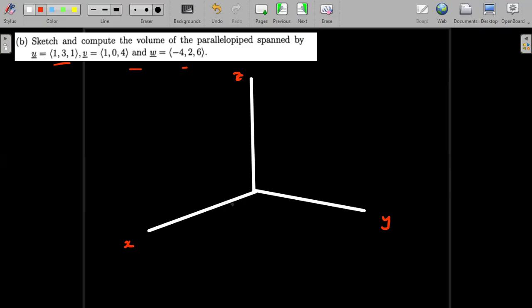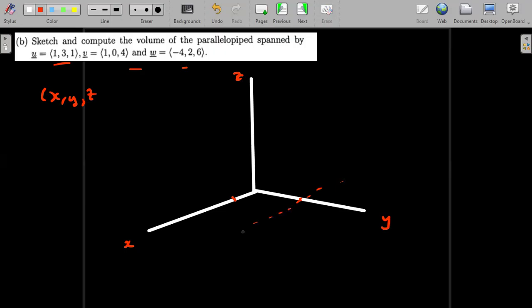The coordinates are given as x, comma, y, comma, z. For the first coordinate, in the x-axis I just move 1 unit, so let's say x1 is here. Then in the y, it's 3, so let's say y3 is there.